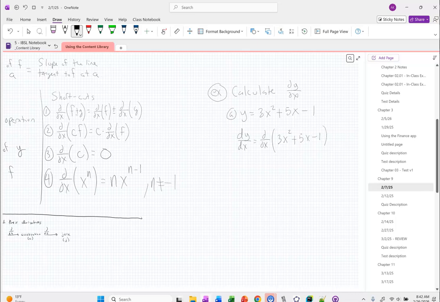First thing I notice is that I have sums and differences in this polynomial. So I can distribute that derivative operation across the terms of the polynomial. That's me just using that shortcut number 1, right?